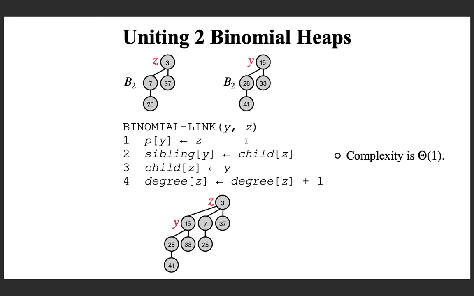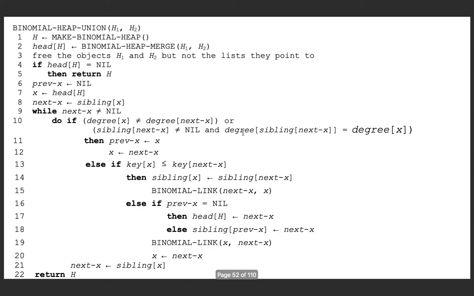Please try to remember it, because in the main procedure for uniting two binomial heaps, we are going to call this procedure binomial link, which will take two arguments, node pointers y and z, and will set the first argument as the leftmost child of the second argument. With this, let us proceed and look at the algorithm for binomial heap union. Please don't get worried about it. We are going to verify what it is doing statement by statement.